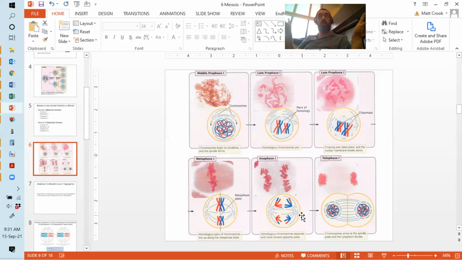That's the big part of meiosis 1, right? The mechanism behind that is we have cohesin all the way down, from top to bottom of these sister chromatids. That's what's holding them together. But the cohesin around the centromere is protected by a protein called Shugoshin, which is super cool.